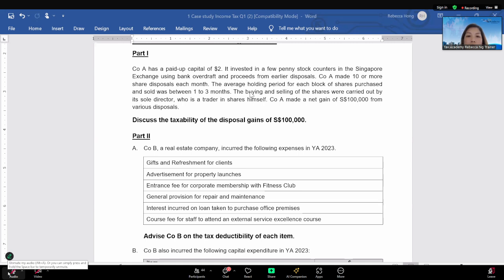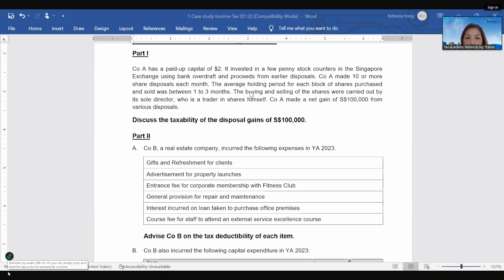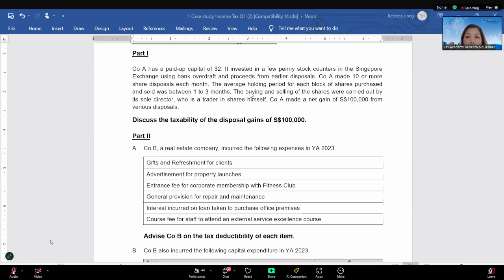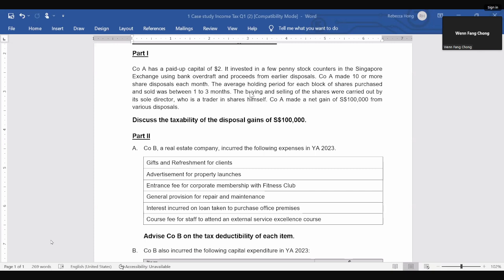So the company does not have the financial means to hold the shares for the long term, right? And also they utilize the proceeds of the earlier disposals. So there is high frequency, engaging in similar transactions also.